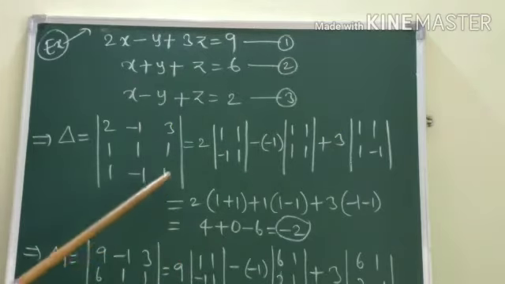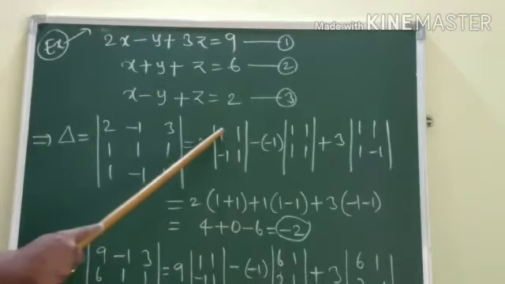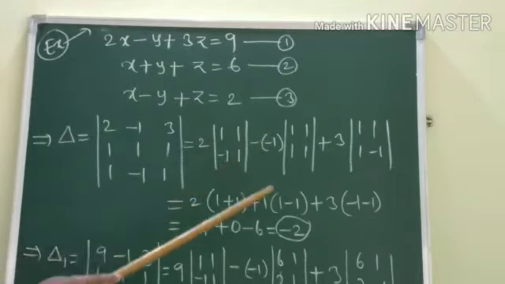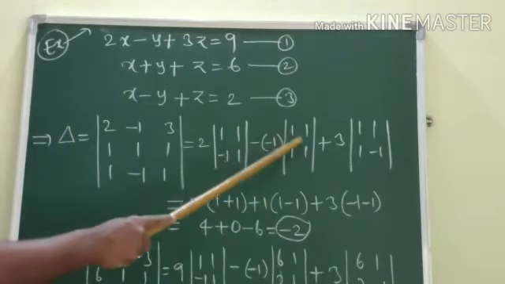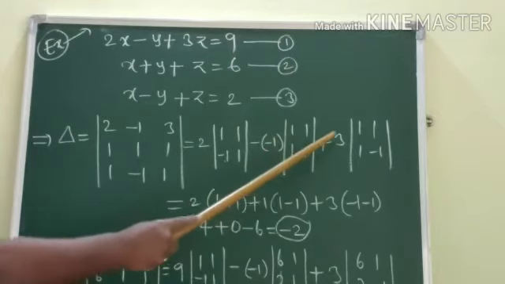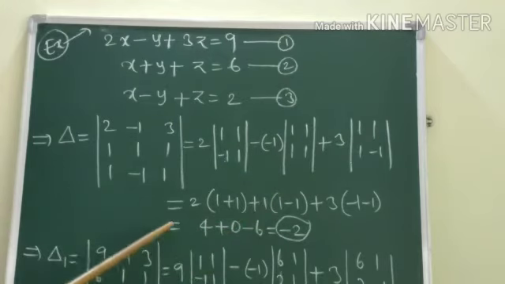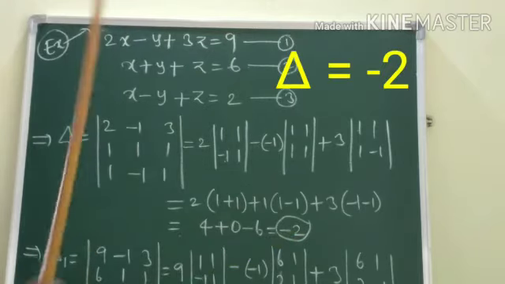By calculating this, 2 into (1 minus of minus 1 plus 1), minus of minus 1 is plus 1 times the determinant 1 minus 1, plus 3 into (minus 1 minus 1), that is equal to 4 plus 0 minus 6, which is minus 2. This is the value of delta.